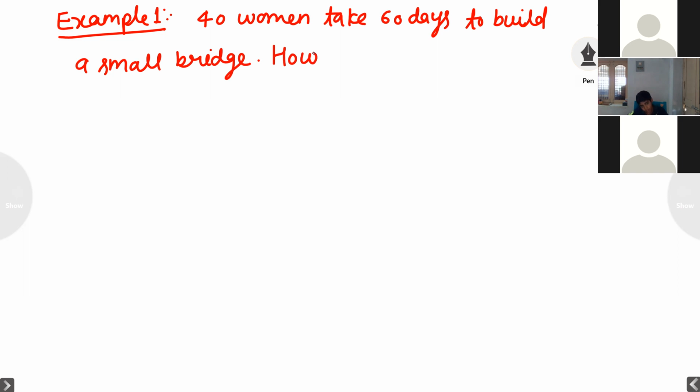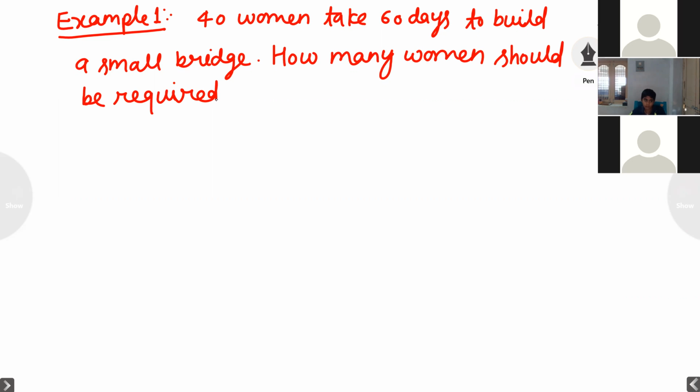How many women should be required to complete the same bridge in 15 days?